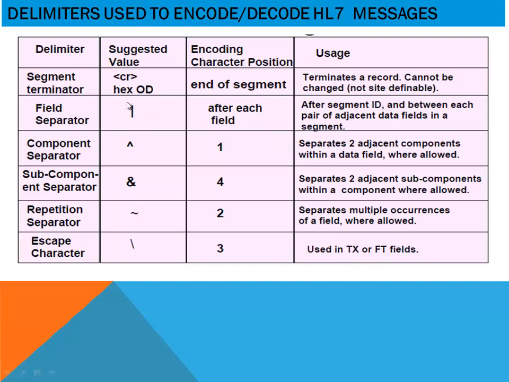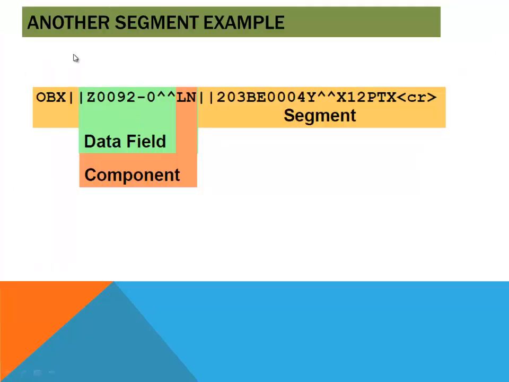Another one, the vertical bar, is called the field separator. This can be used to separate the fields inside a segment. Let's see here. So this is one field, then another field. This is another field.